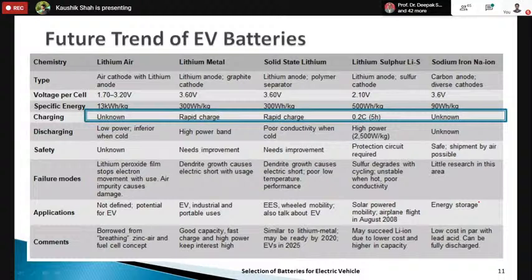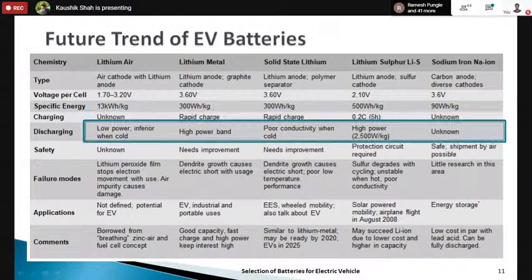Lithium sulfur is also like 500 watt hour per kg, and it can take rapid charging and discharging. It's a point to see. It talks about certain comparisons: lithium air is low power, inferior, and solid state has poor conductivity when cold, but otherwise it gives you good discharging capabilities.